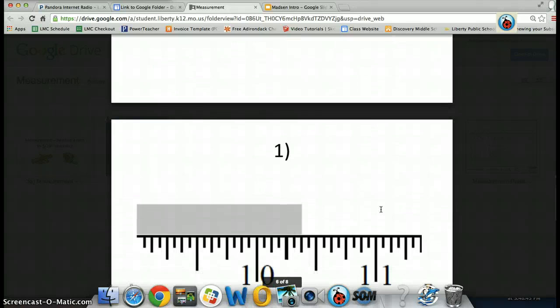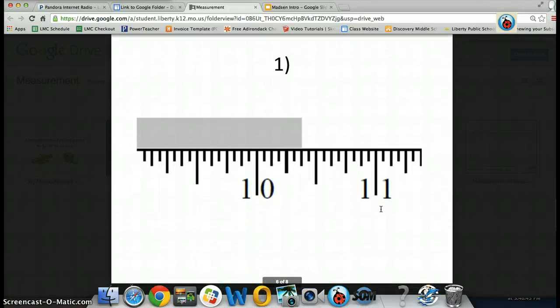Okay, so let's do a practice problem. There's not a 0 on this ruler, so I don't need to find my 0. So the next step is to figure out what unit I'm in, what this ruler is measuring in. And in between inches, there are 1, 2, 3, 4, 5, 6, 7, 8, 9, 10, 11, 12, 13, 14, 15, 16 spaces. So I'm measuring in 16ths.